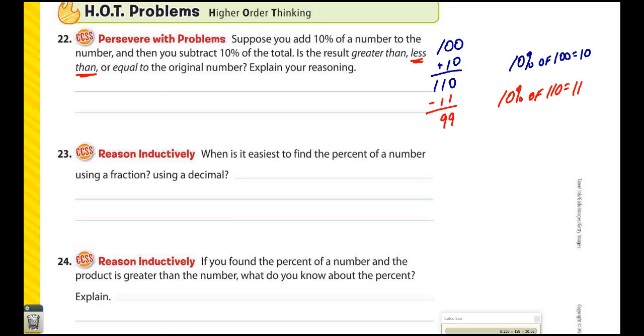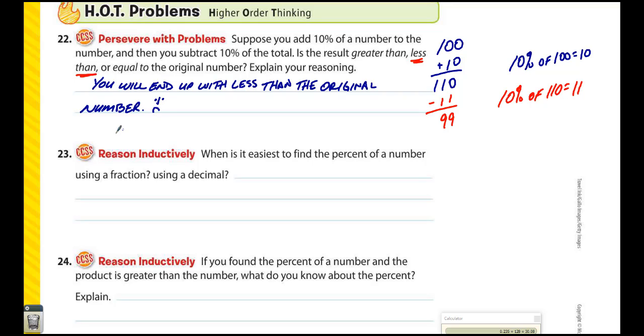So our sentence is going to be, you will end up with less than the original, so less than the original number, sad face, because you lost money there.